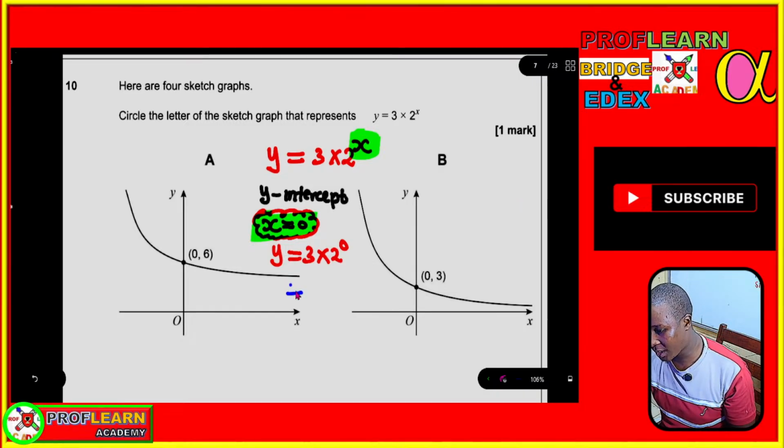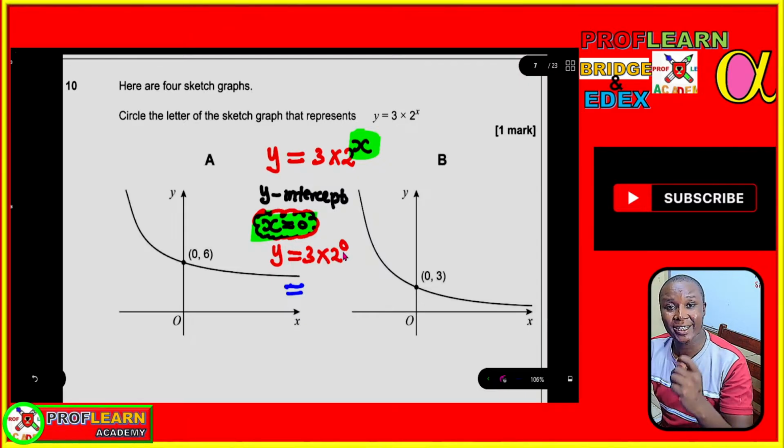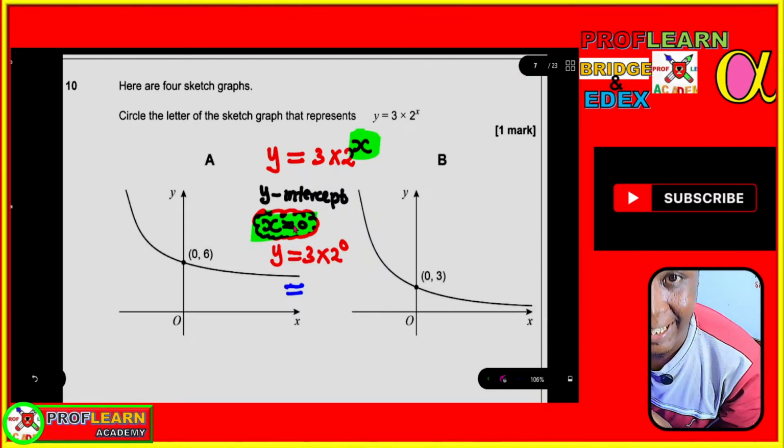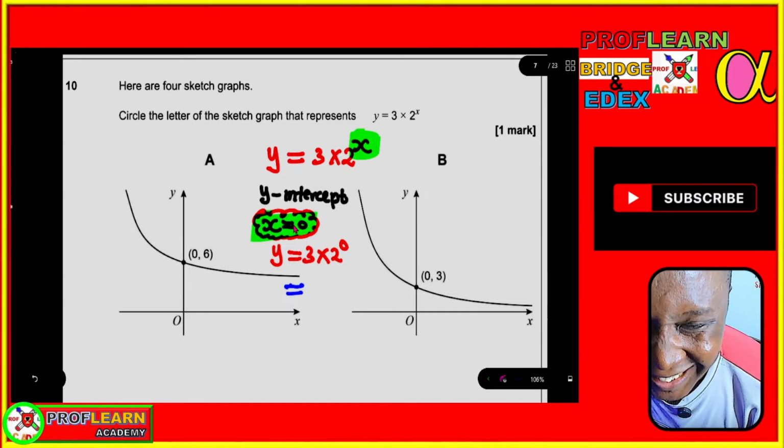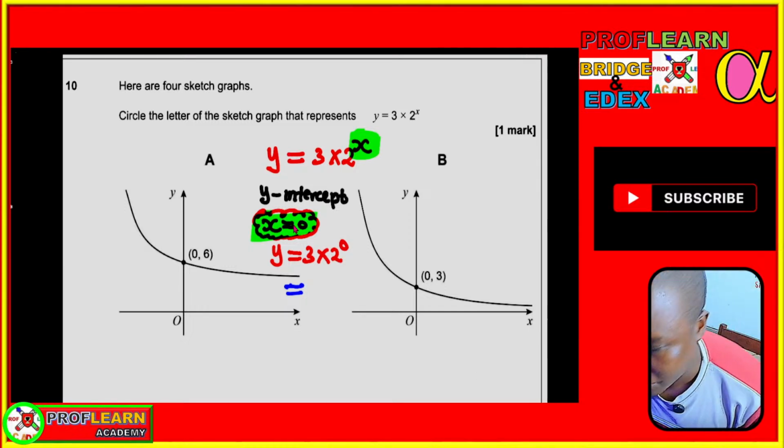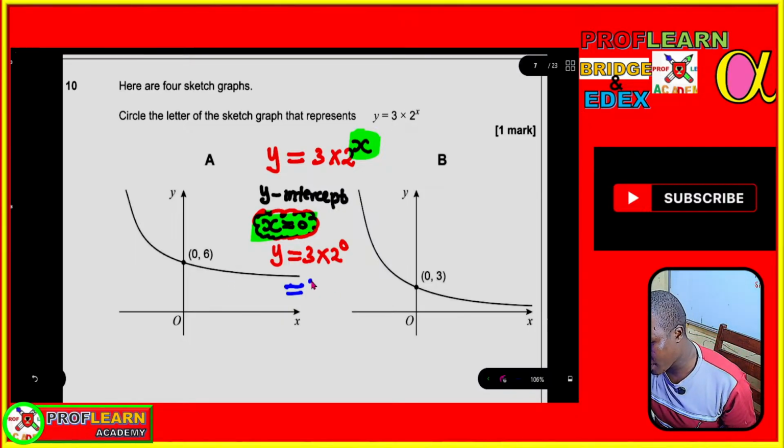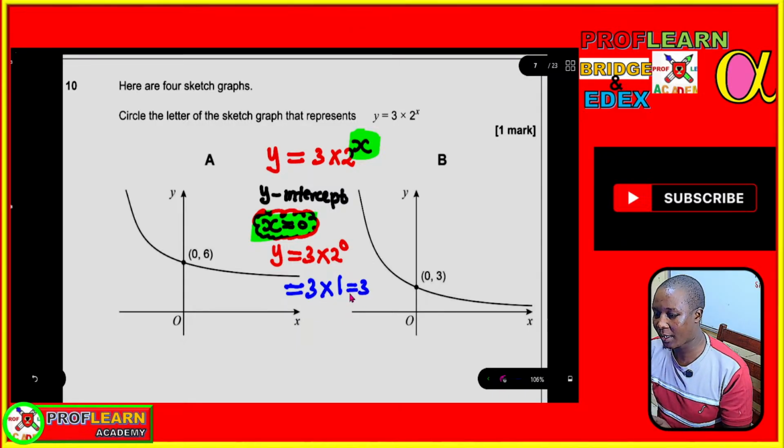So if you work it out, you are going to get 2 raised to 0. Any number raised to 0 in math is 1. So this is going to be 3 times 1. So the y-intercept is going to be equals to what? 3. So the graph must cut the y-axis at y is equals to 3.